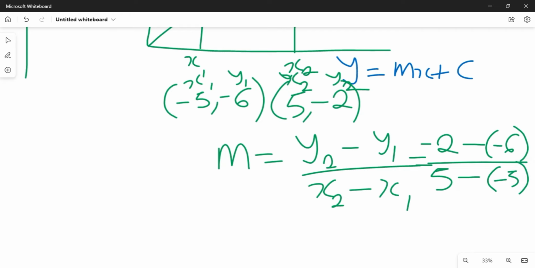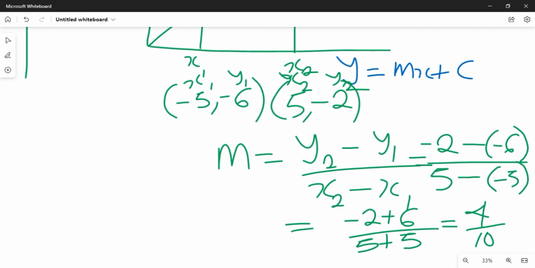To simplify this, we are going to have 2 plus 6 divided by 5 plus 5, which will give us 8 over 10.